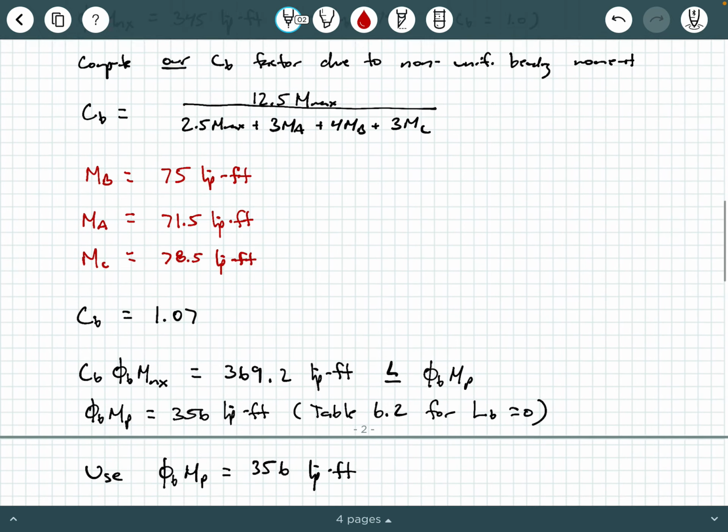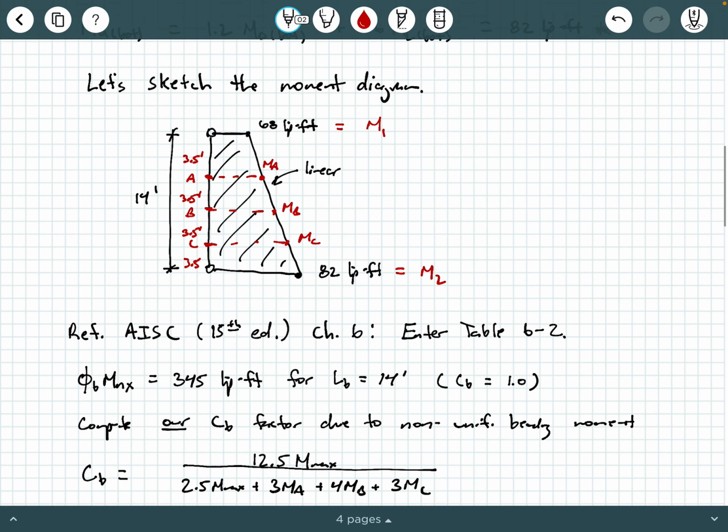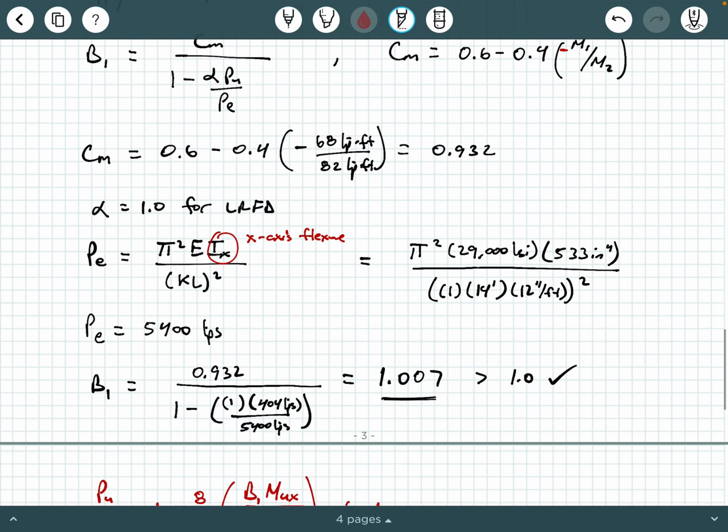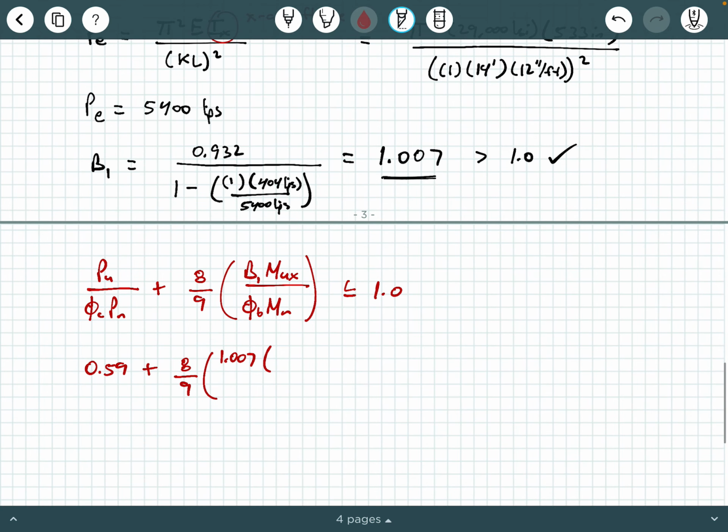Well, that's going to be the largest of these M1 or M2 values. So that's going to be our 82 kip feet. Okay, so we're going to come in here times 82 kip feet, and then we're going to divide that by our 356 kip feet. That's our phi b Mp, the factored plastic moment.